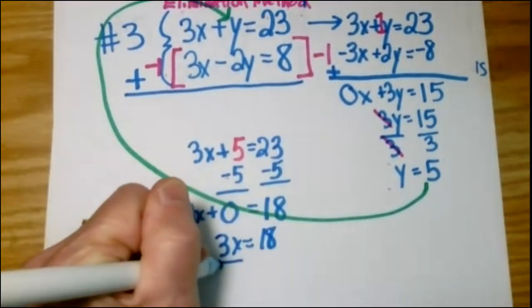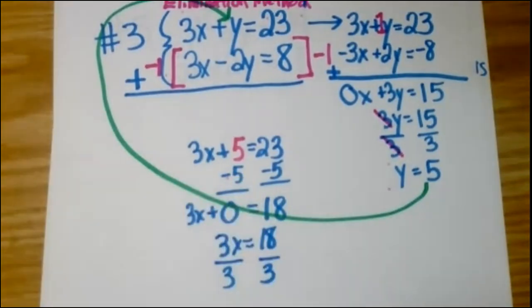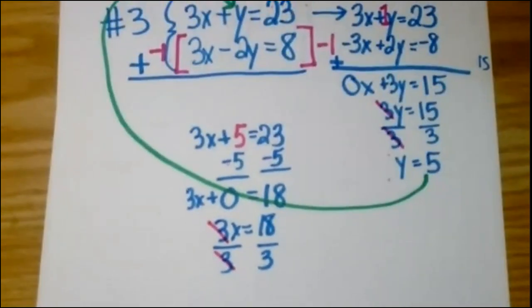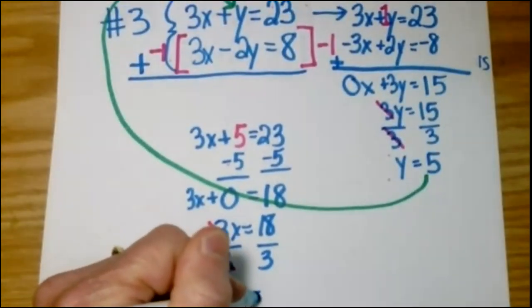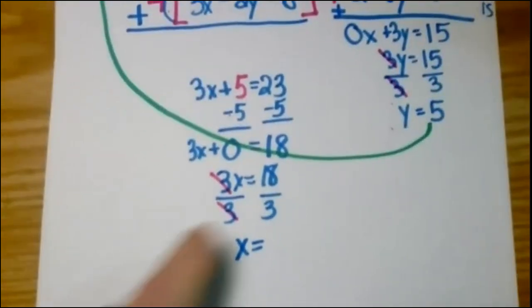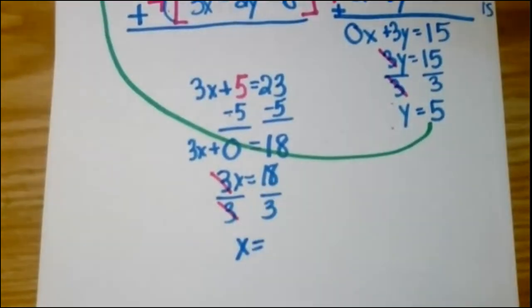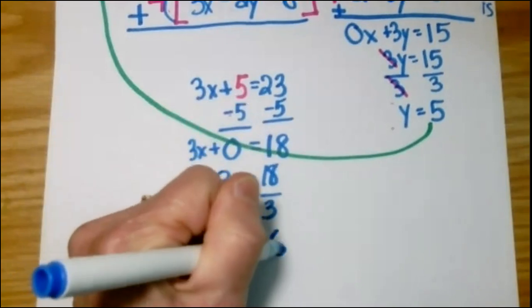I'm going to divide both sides by 3. The 3's are going to cancel out, and I'll be left with x equals 18 divided by 3, 6.